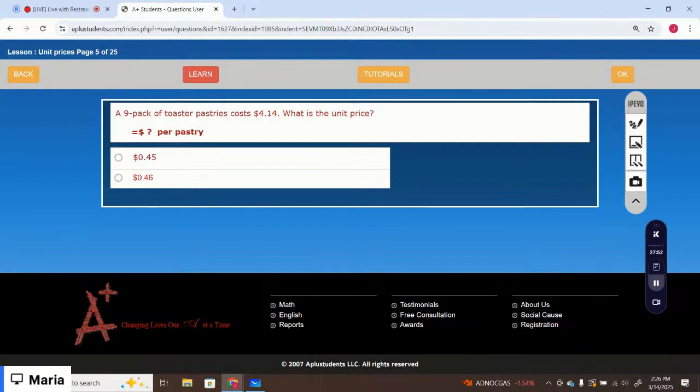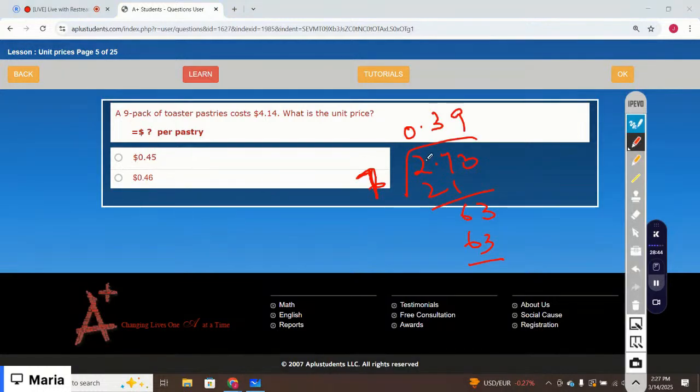So which is the correct option? The correct option is 0.46.